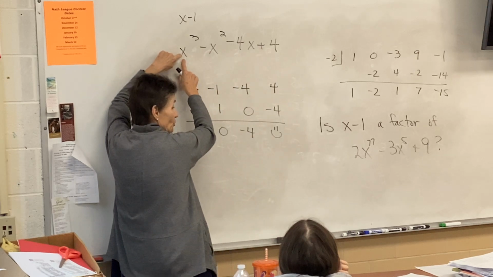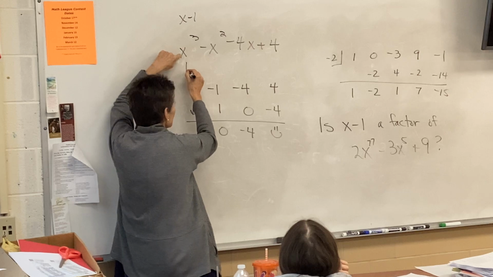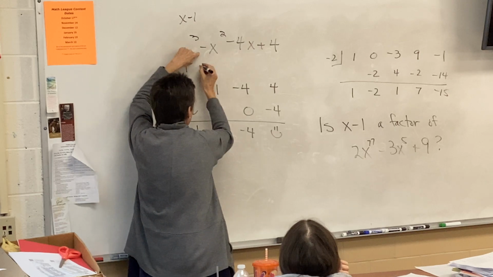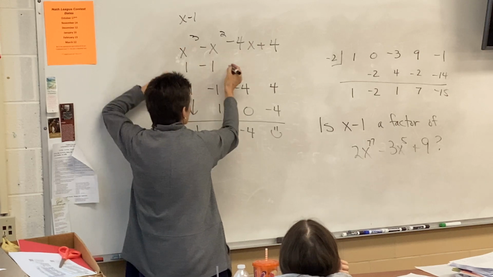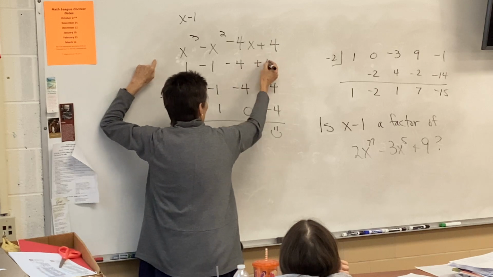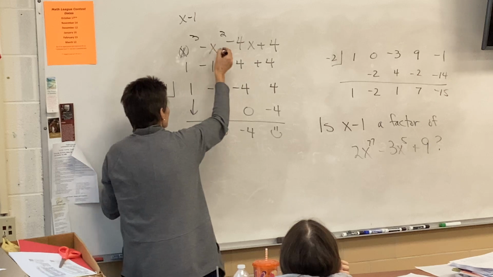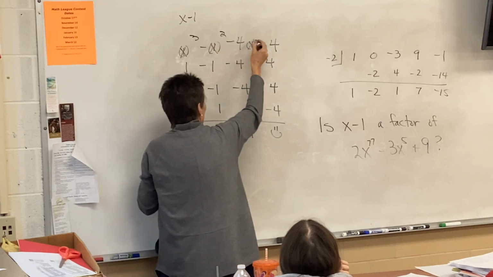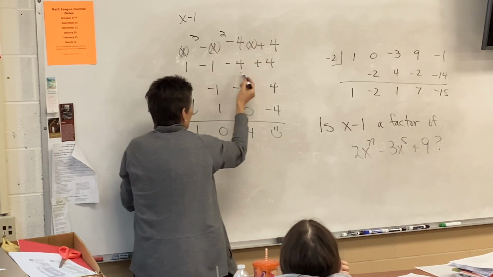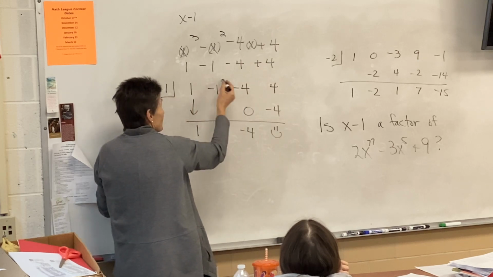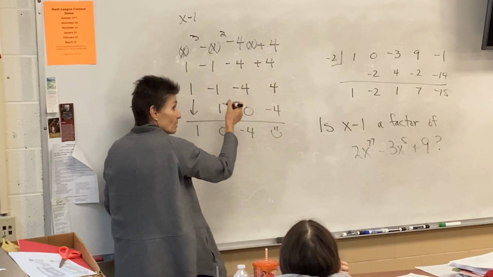So 1 cubed is 1, 1 squared is 1, minus 4 plus 4. Now, total all that up. I just put a 1 here, and a 1 here, and a 1 here, and I'm gonna work out that math, and what's that gonna equal? That equals 0.